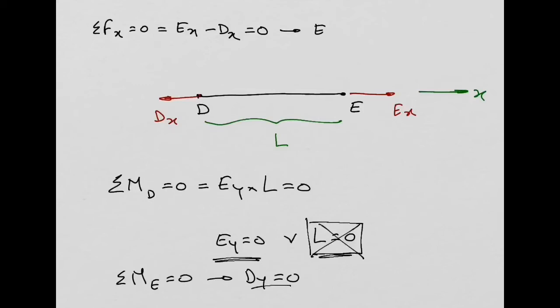The conclusion from this is Ex needs to be equal to Dx and equal to the force in the strut, which we call FDE, for example. So this is not going to be Dx and Ex. This is going to be the same force, which is my FDE. You see what's going on in a strut?